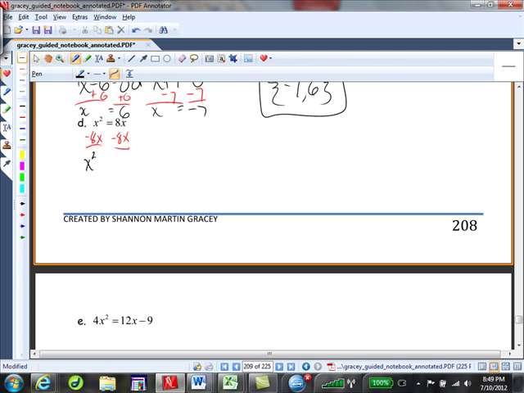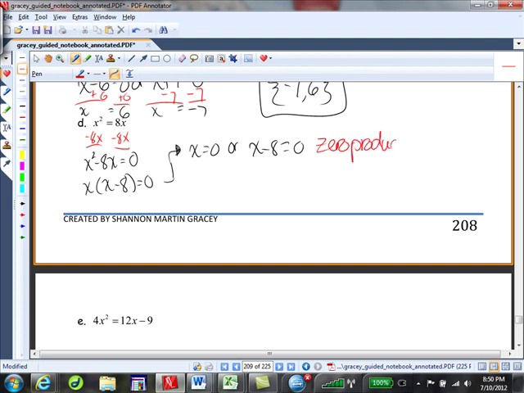So we will have x squared minus 8x's is 0. Factoring, we'll get x times x minus 8 is 0. Using the zero product principle, we'll have either x is 0 or x minus 8 is 0. Again, that is the zero product principle.